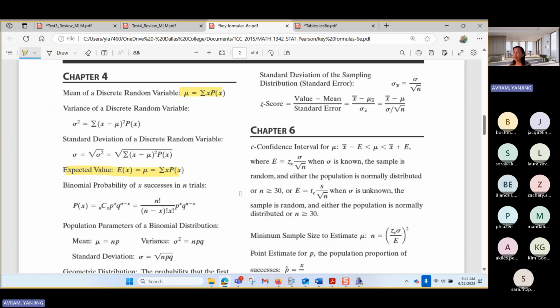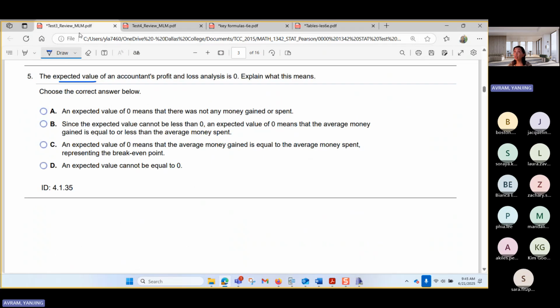So if you want to find the expected value, it's the same as finding the mean for the distribution. We have to set up a table and then use x times the probability of x. That is this one right here.